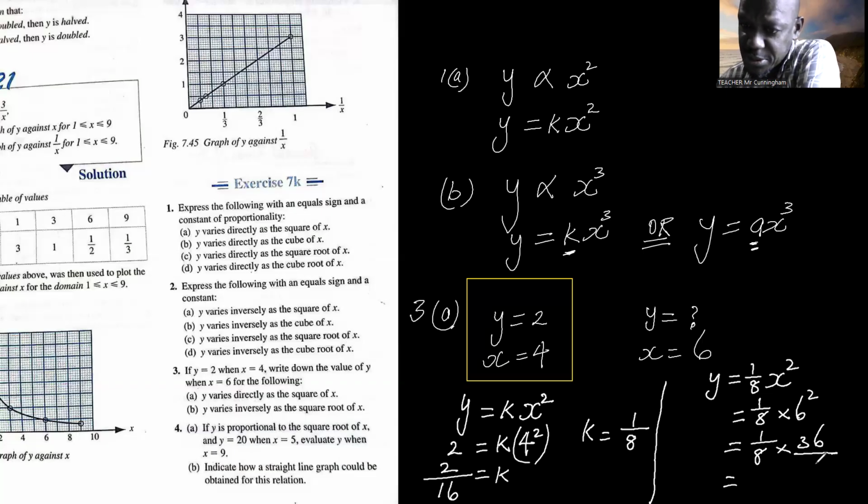Eight into 36. 9 eights is 72. So four and a half.